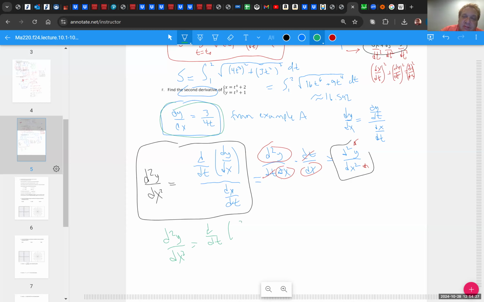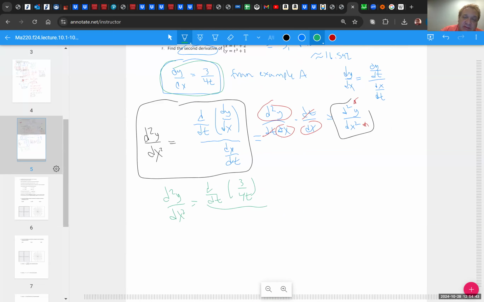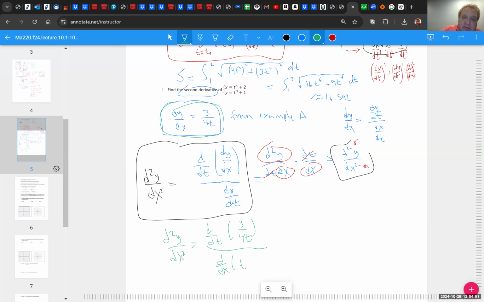That's just 3 over 4t, divided by dx dt. We've done dx dt several times. Dx dt, if you want to look at it from above here, or we can recalculate it, it's just the derivative of the x equation with respect to t. It's just the derivative of x, which, again, according to our formula here, is just t to the fourth plus 2.